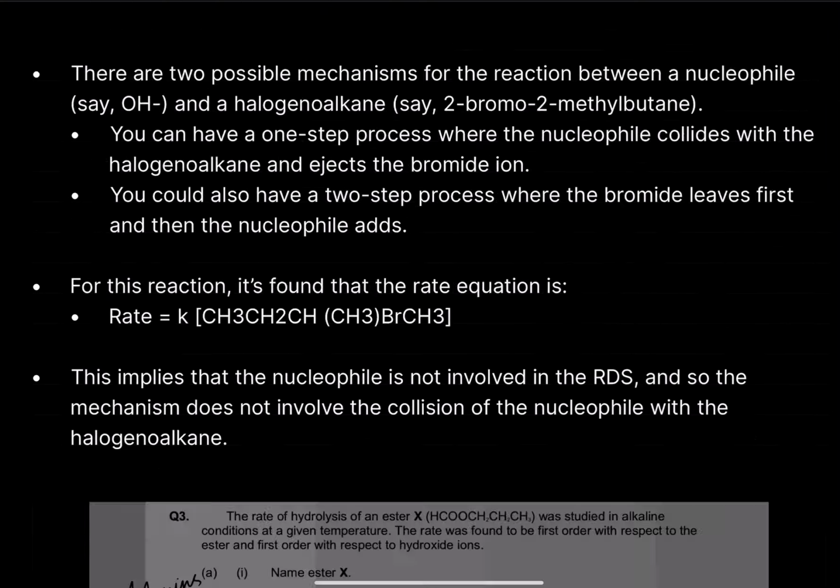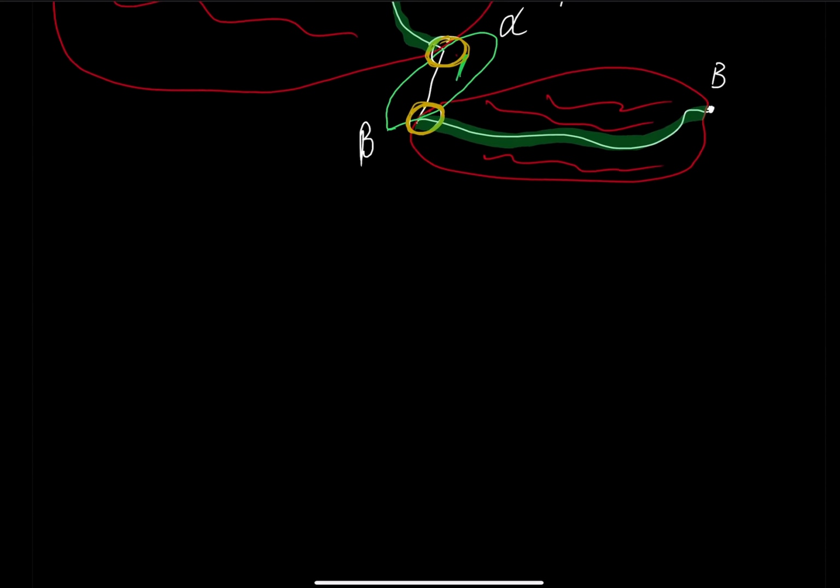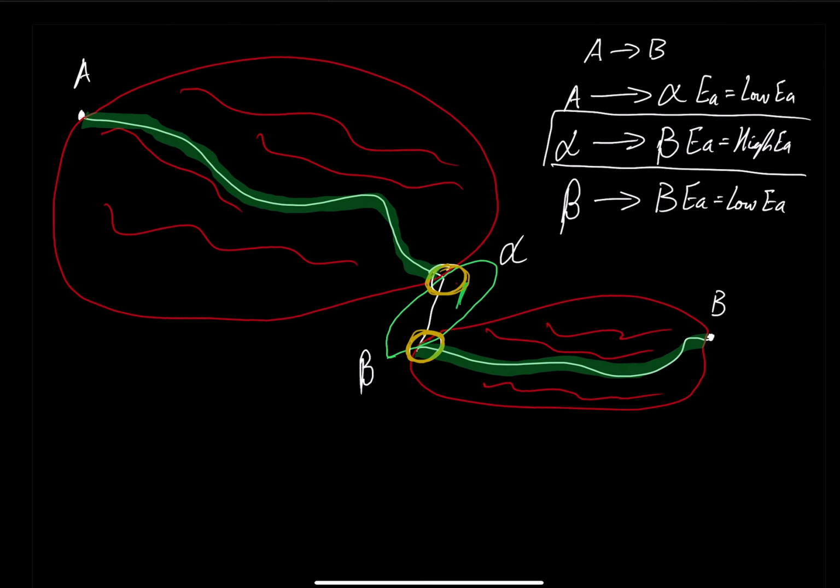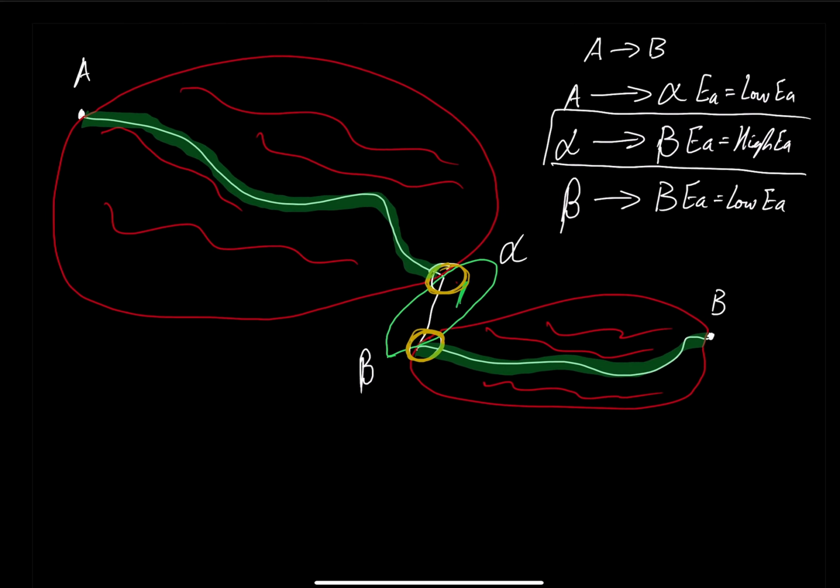All right, so if I asked you, how would you write a rate equation for this reaction? If I told you to write a rate equation for this reaction, pause the video now and try to write it out for that example I had here.